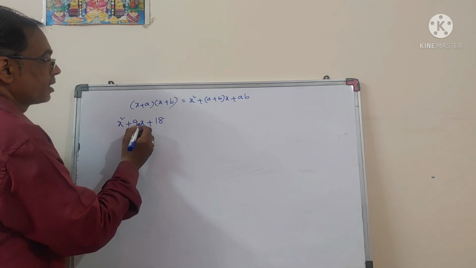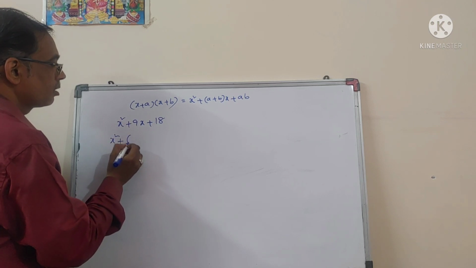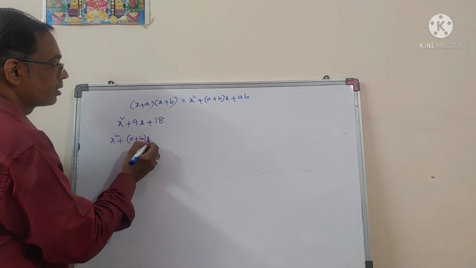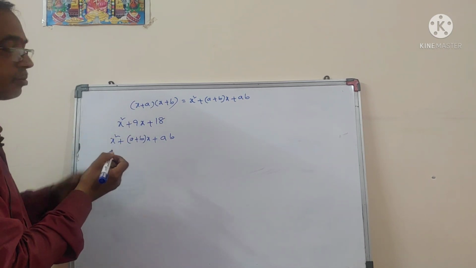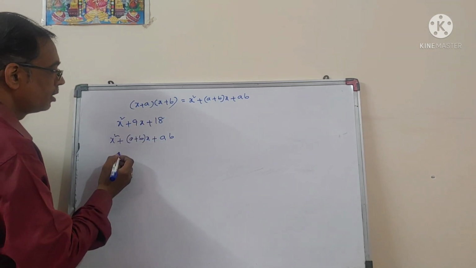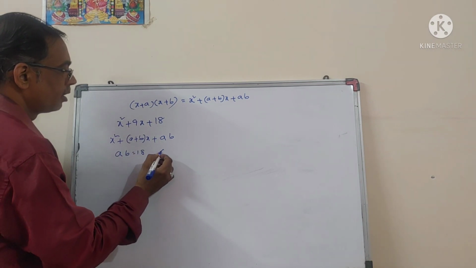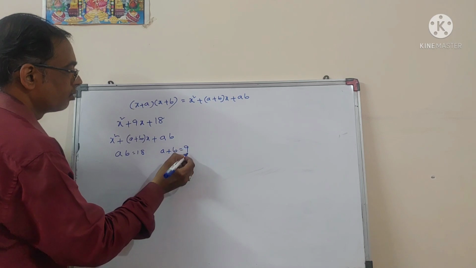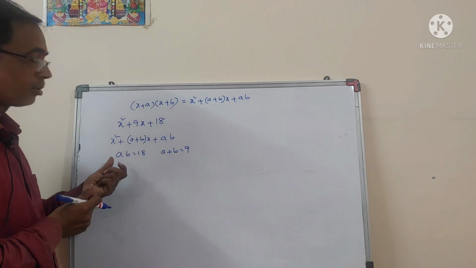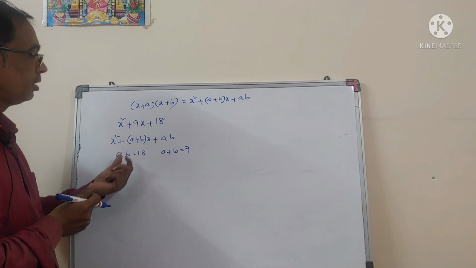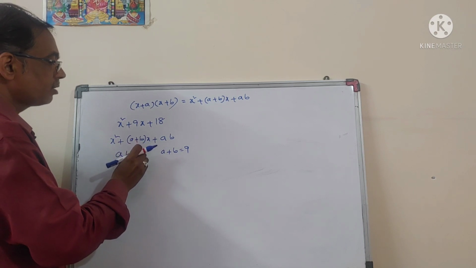Now let us see here. x square plus 9x plus 18 can be compared with x square plus a plus b into x plus ab. Just simply compare these two expressions, then we get ab is equal to 18 and a plus b is equal to 9. ab means the product of a and b, that is equal to 18, which means we have to take the factors of 18.